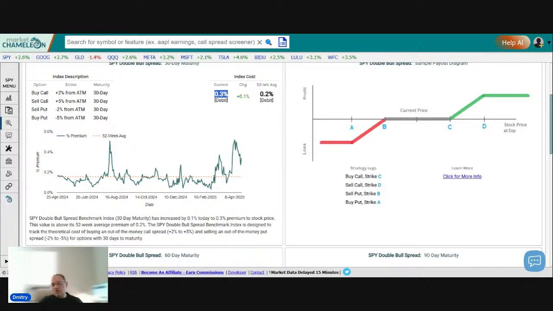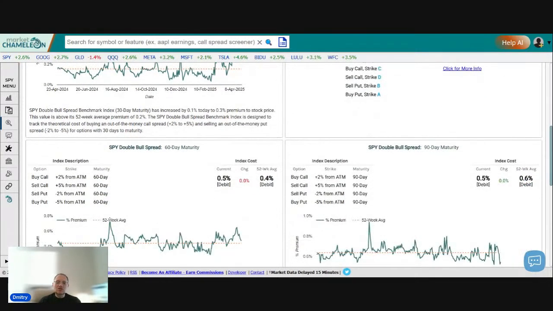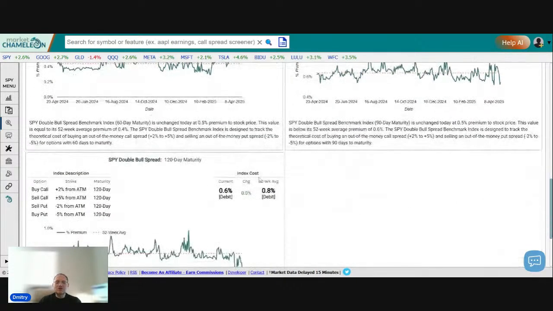If we wanted to go out further, let's say we don't have a 30-day outlook, maybe a more bullish outlook going out 60 days or 90 days, then we could look and see, how much would that cost? What is the cost of that strategy? You can see here that is 0.5% versus 0.4% historically. If we go out 90 days, 0.5%, and if we go out 120 days, 0.6%.